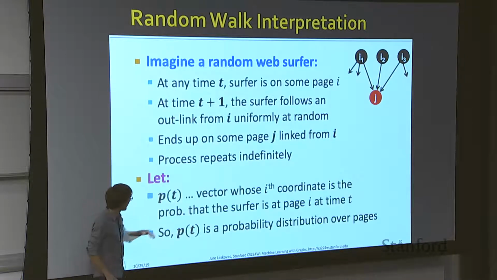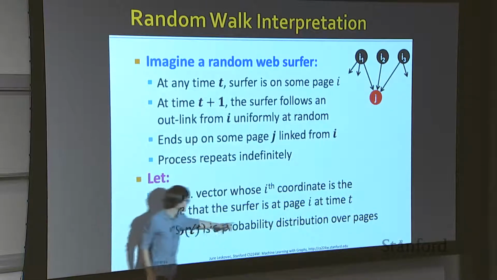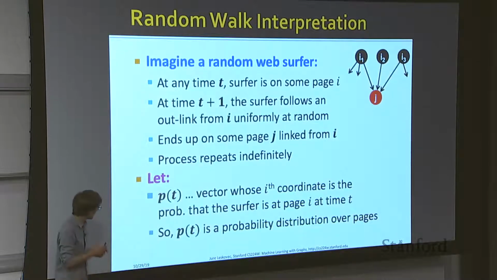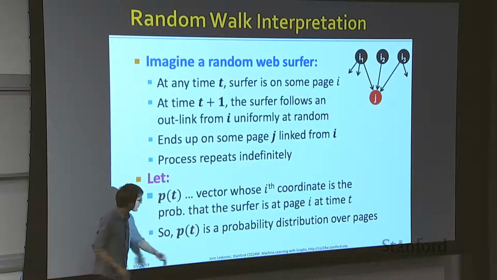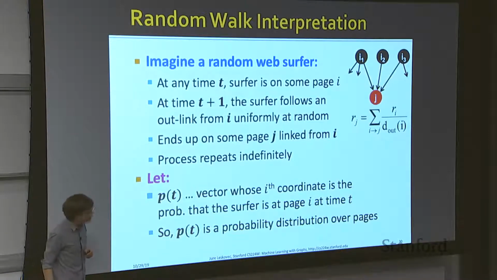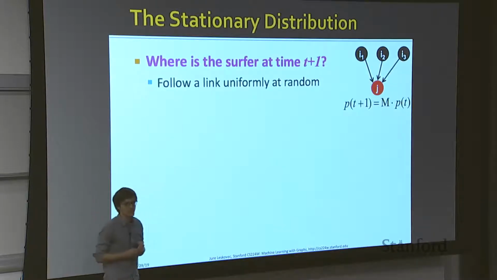So let's say the following. Let p(t) be a vector whose ith coordinate is the probability that the surfer is at a given page i at some time t, right? So p(t) is a probability distribution over pages, right? So now let's ask ourselves, what is p(t+1)?